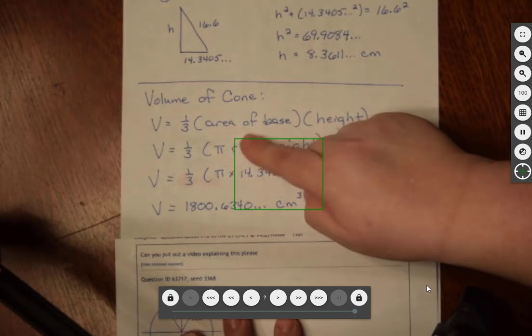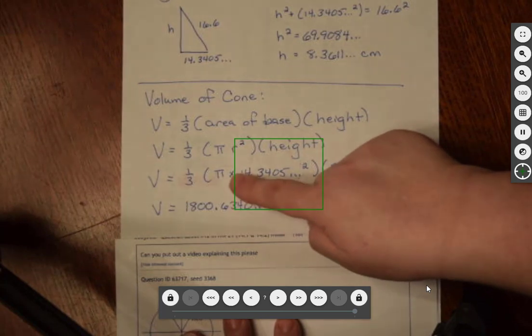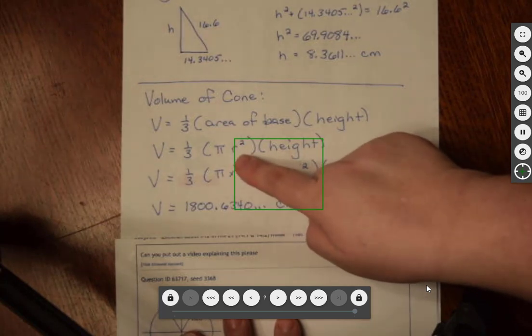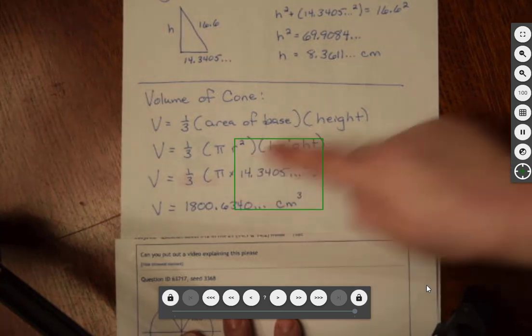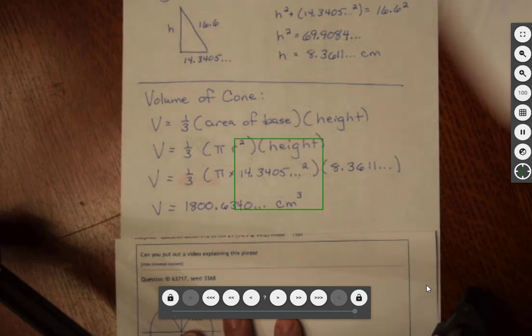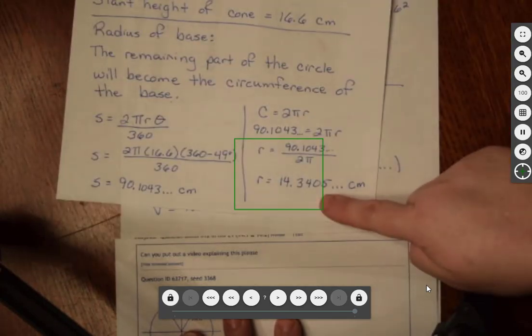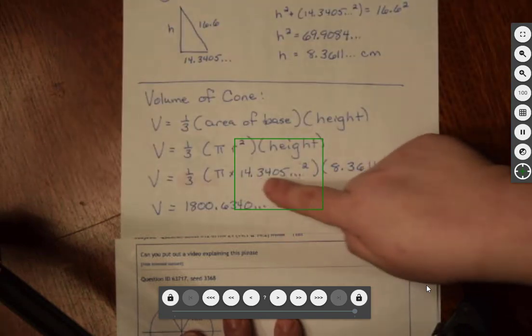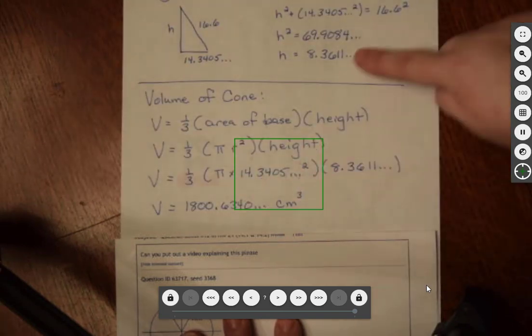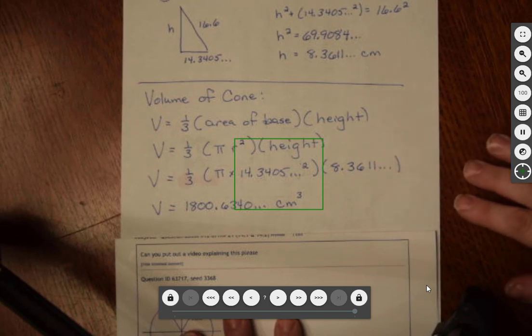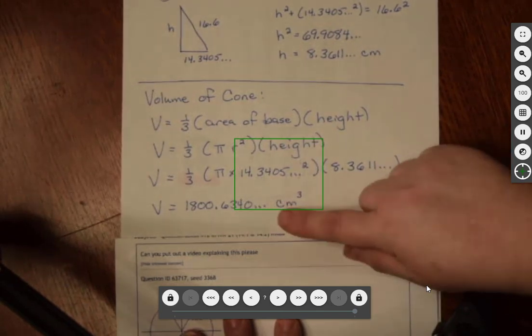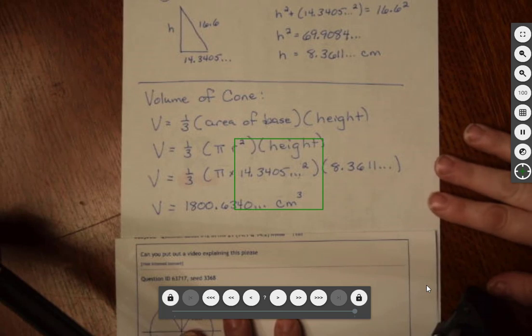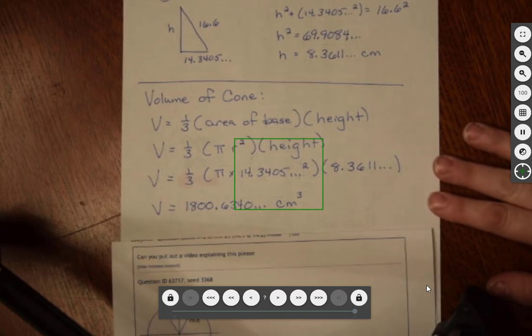Well, the base of the cone is a circle, and the radius of the base of the cone is this 14.3405 number. So I plugged that in. The height we just found was the 8.3 number. And so I typed that in the calculator and I got 1,800.6340 and so on cubic centimeters.